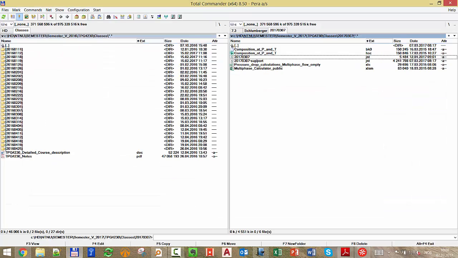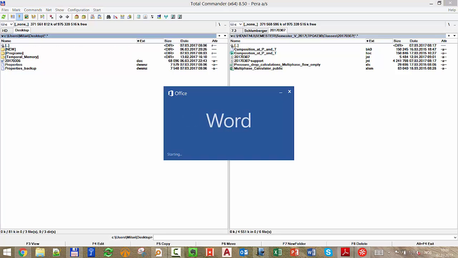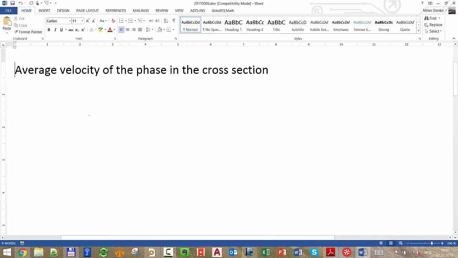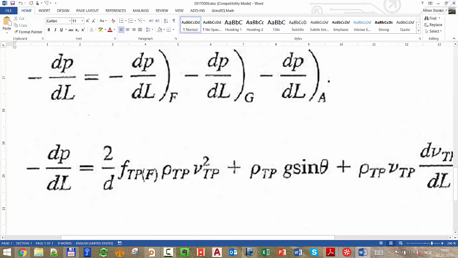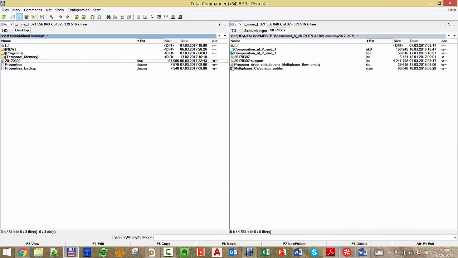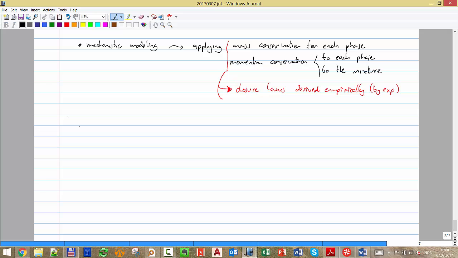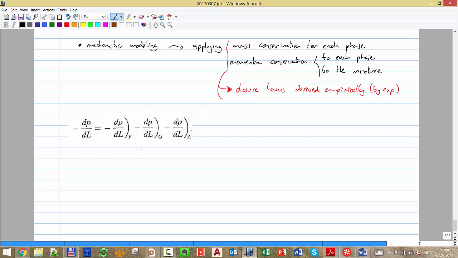Yeah, those two are okay. So if you see it in a very simplified way, that's the momentum equation of the mixture.